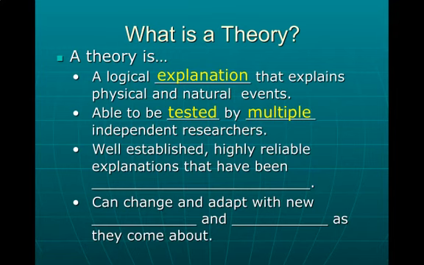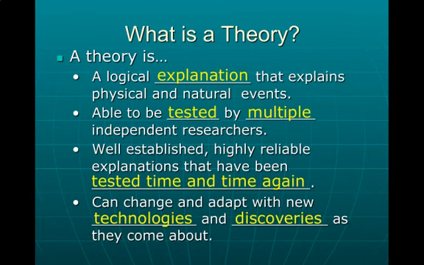It is well established, highly reliable explanations that have been tested time and time again. So once again, this goes back to being tested multiple times. If it's showing up test after test after test, then it is seen as reliable. And last, it can change and adapt with new technologies and discoveries as they come about.